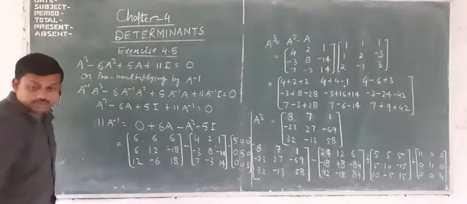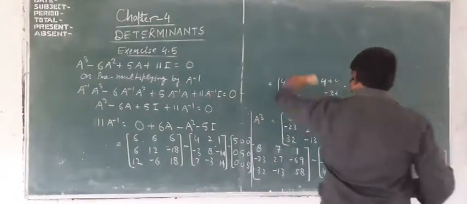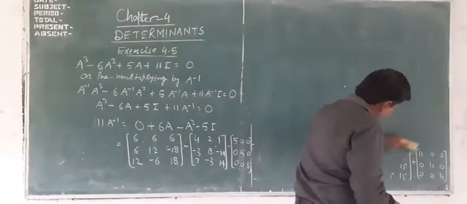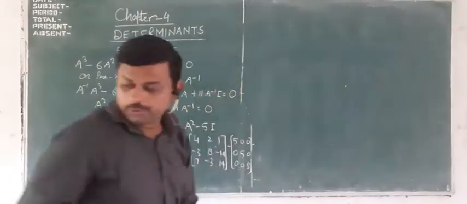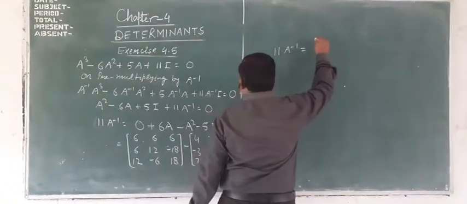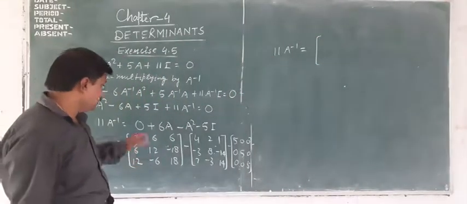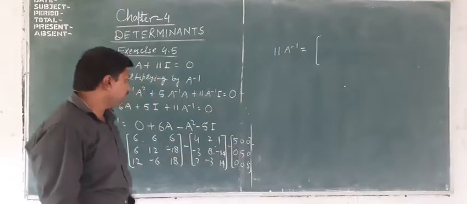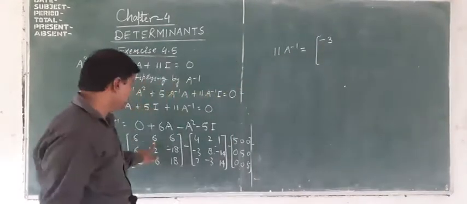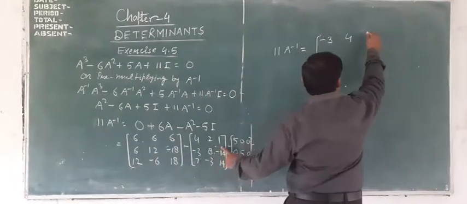It means 11 A inverse equals: 6 minus 4 minus 5 is minus 3. 6 minus 9 minus 3. 6 minus 2, 4. 6 minus 1, 5.